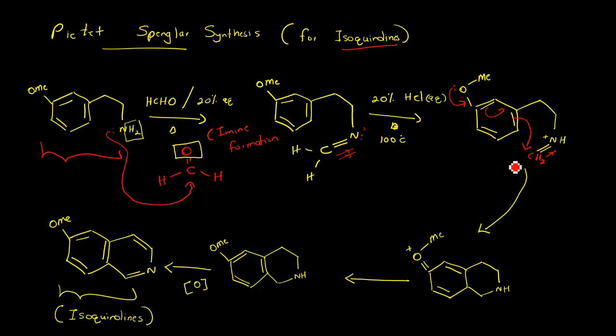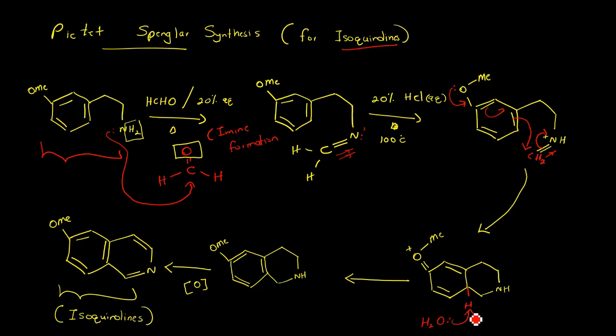Now after that attack happens, you can see this double bond over here will break and nitrogen will regain its neutral form, and we will have our compound like this. Now oxygen has gained a positive charge. There are water molecules, so I will use a water molecule to attack this hydrogen on this particular position.